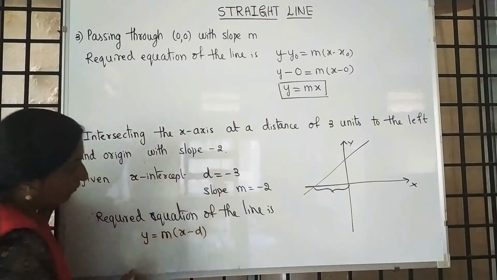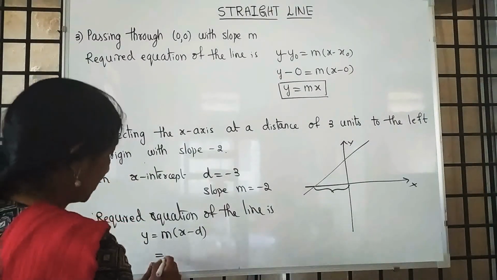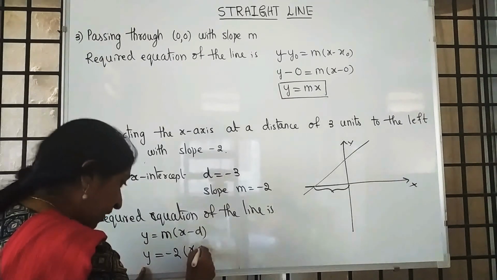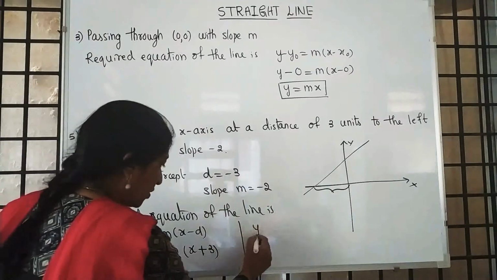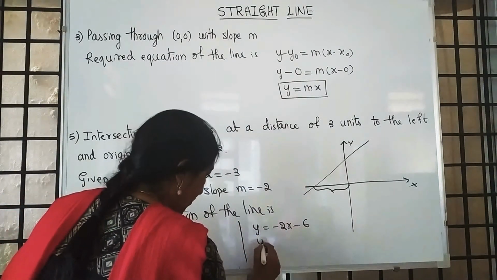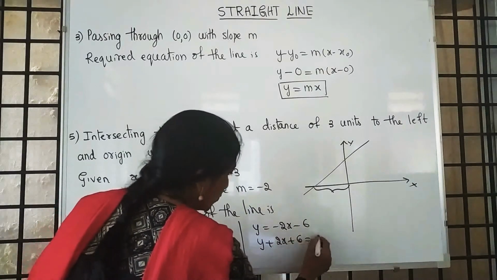Write down the m value and d value. M is minus 2 and d is minus 3. Already minus 3 is there, so it becomes plus. If you want, you can keep it like this, or y is equal to minus 2x minus 6, or y plus 2x plus 6 is equal to 0.